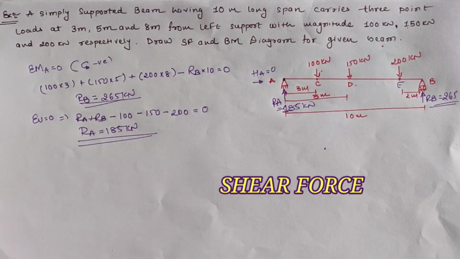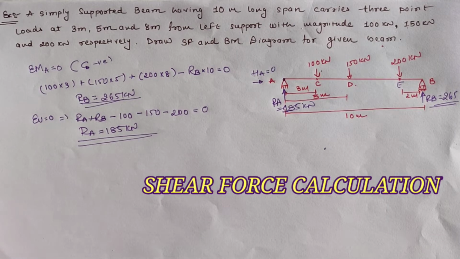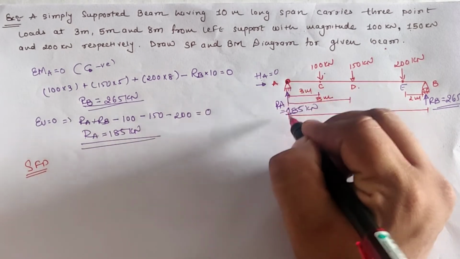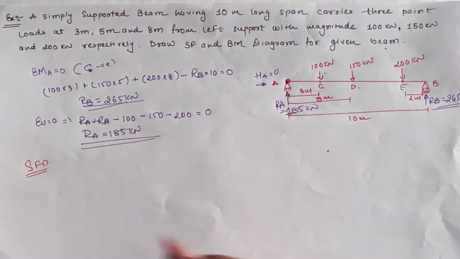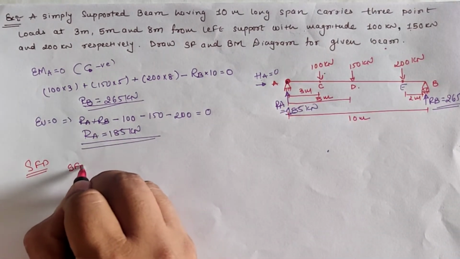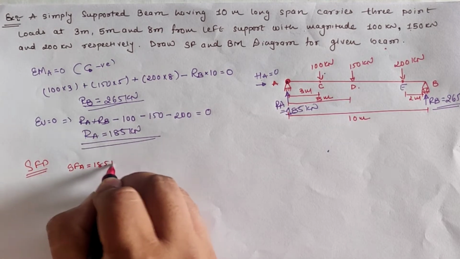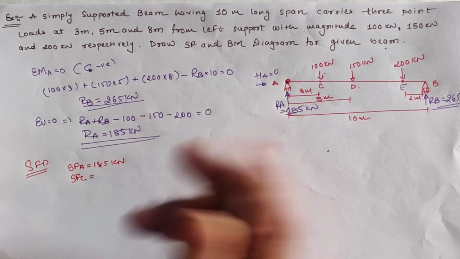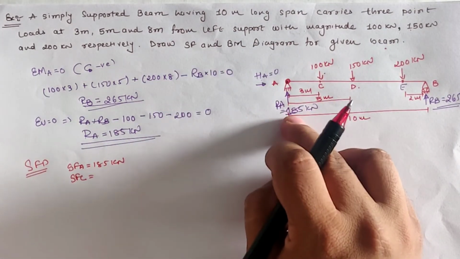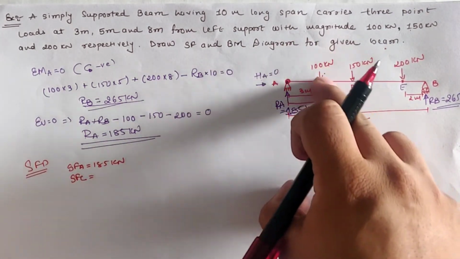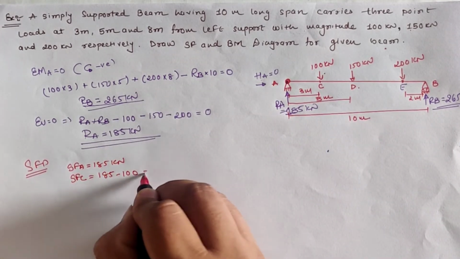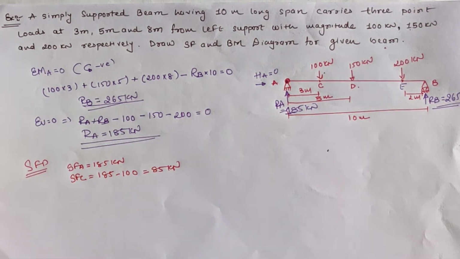Now going ahead with the calculation of the shear force diagram. At location A, upward 185 kilonewton load, so SF at location A is 185 kilonewton. Now at location C, considering the left hand side, upward 185 minus 100 downward, so it is 185 minus 100, 85 kilonewton.